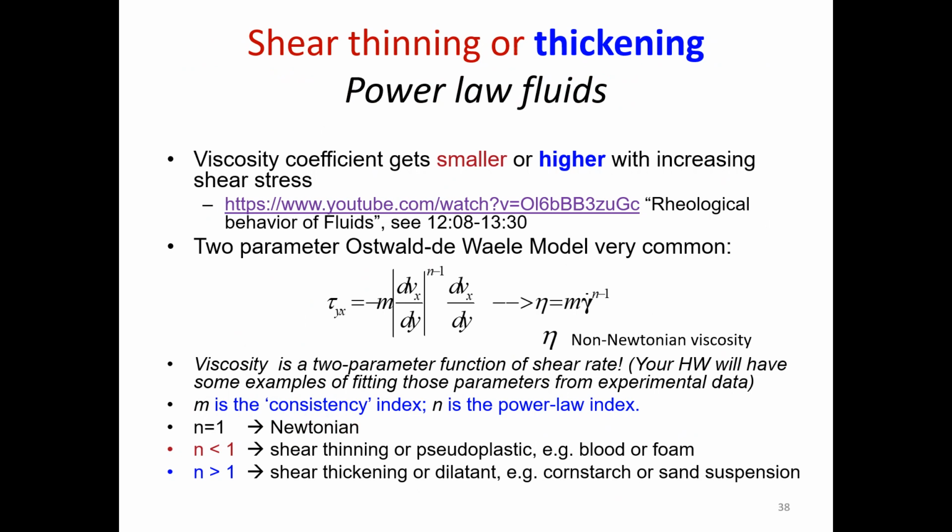Minus dvx dy is what we refer to as shear strain rate, right? So this is Newtonian. And then my eta is constant, right?